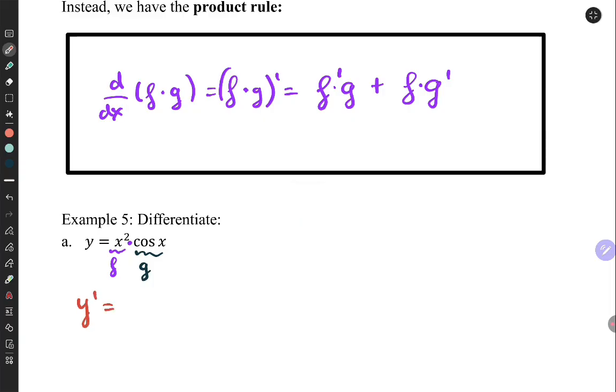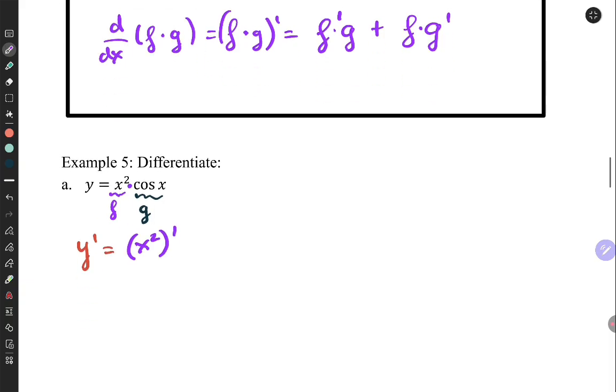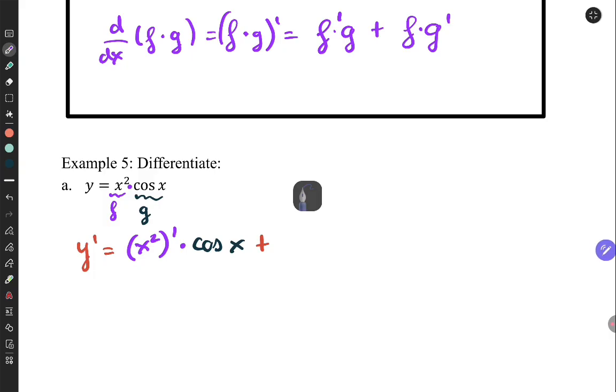If I take the derivative according to the formula, I have f prime, that is x squared. I'm not going to take the derivative yet. I'm just going to write down according to the formula. No derivative yet. F prime times g, the black one, cosine x, plus f times g prime.